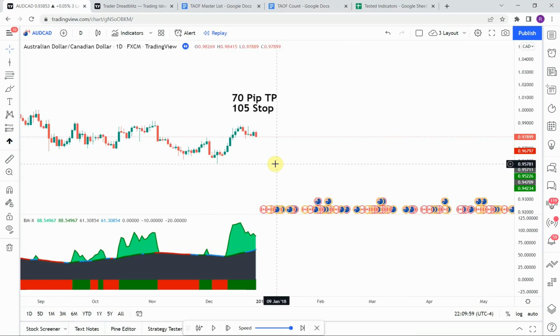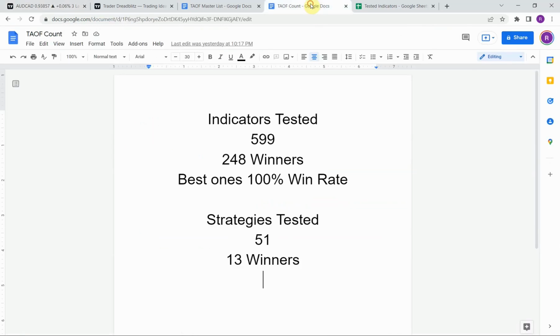Alright, as I said, today we will be testing the Bull Mountains indicator. Before we do though, I wanted to put the testing scoreboard up for everyone to see. To date, we have tested a total of 51 different strategies, with 13 of them being winners. We've also tested a total of 599 indicators, with 248 of them being winners.